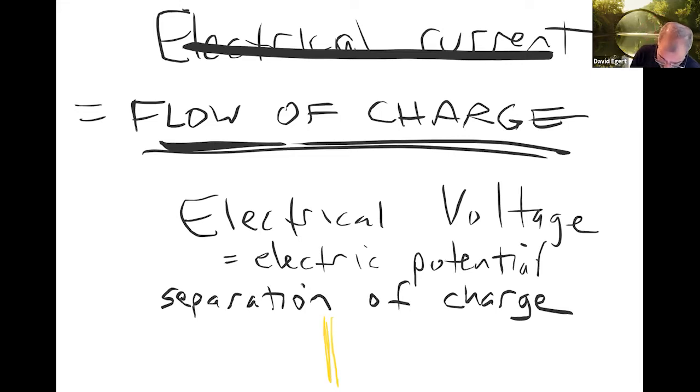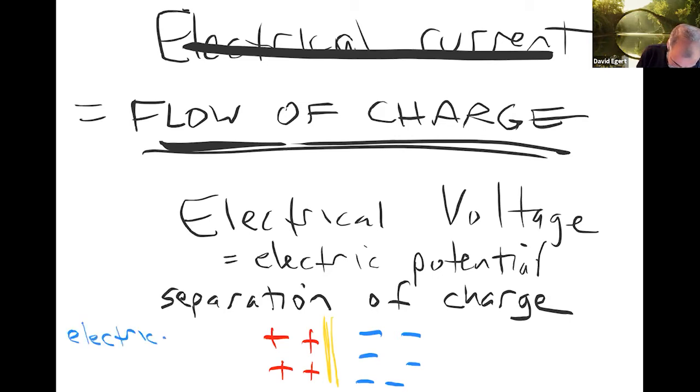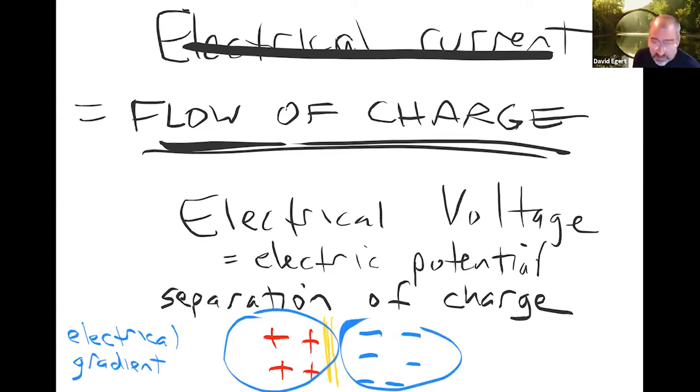But imagine I have a preponderance of plus on this side and minus on this side of some boundary. I now have this electric field, this gradient. It goes from more positive to more negative, which means that if I take an ion and put it in this scene, that ion is going to get a force on it.